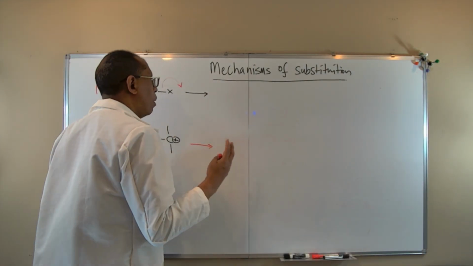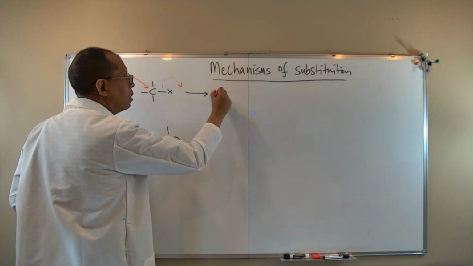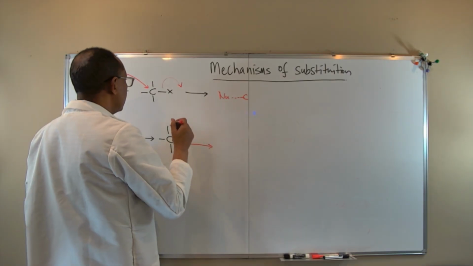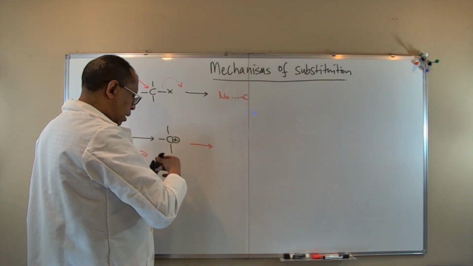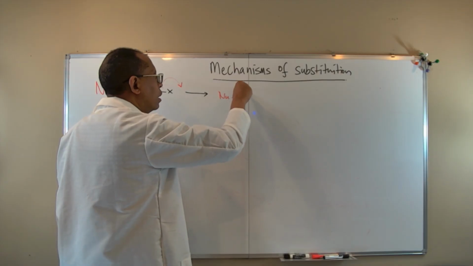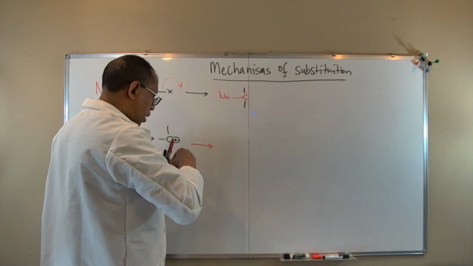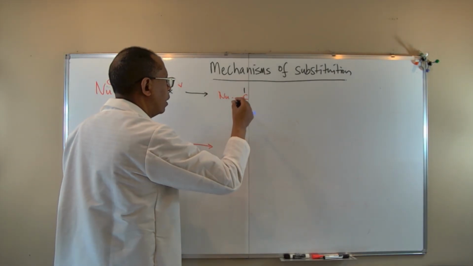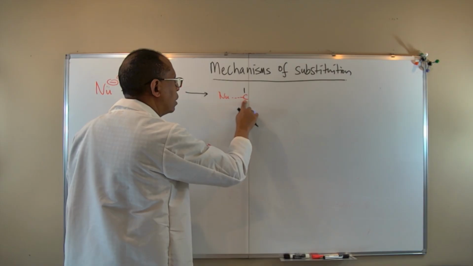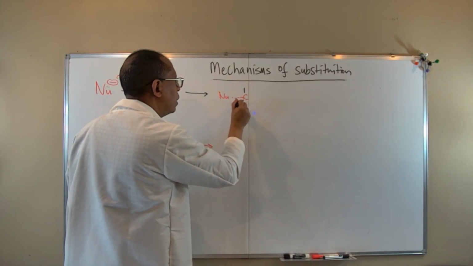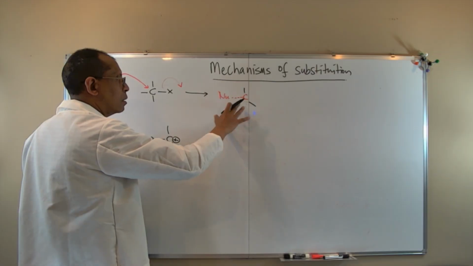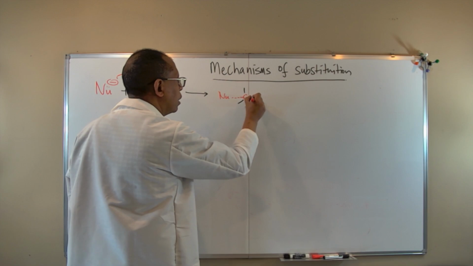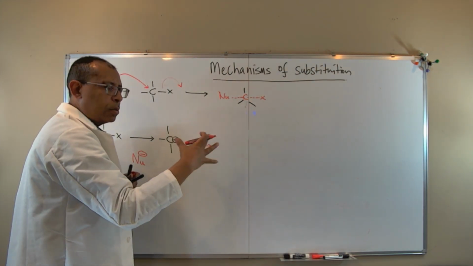The transition complex of this looks like the nucleophile starting to make a bond with the carbon, and at the same time you have this complex, and at this point when the nucleophile comes in, the X starts to depart.